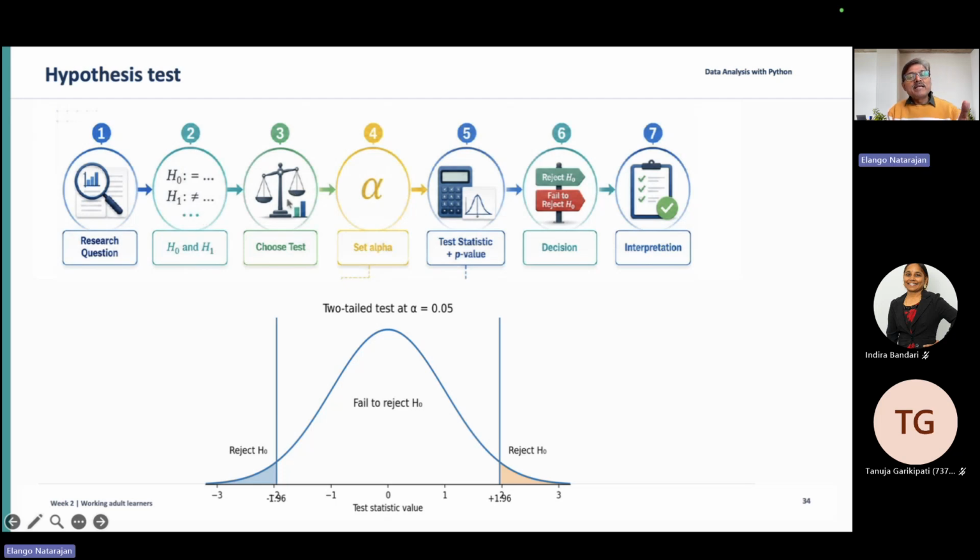The next thing is you have to choose your right test. There are many tests, as I said: t-test, chi-square, f-test, ANOVA, many tests over there. So you have to choose the right test. Then after the right test is chosen, you have to do some calculations to find the test statistic.